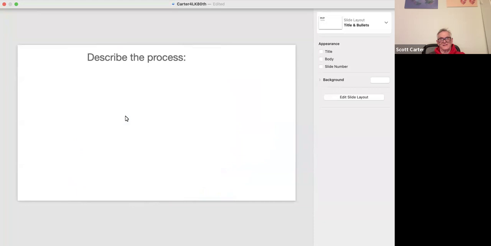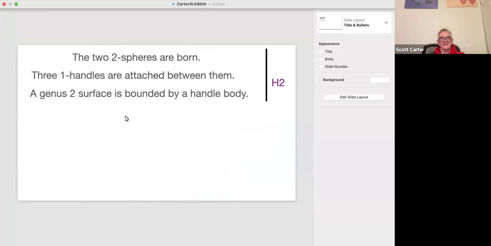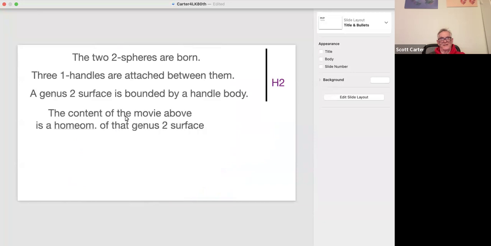It's worth giving a description of this process. When the two spheres are born and the handles are attached between them, we have a genus 2 surface that's bounded by a handlebody. The movie is a homeomorphism of that genus 2 surface.